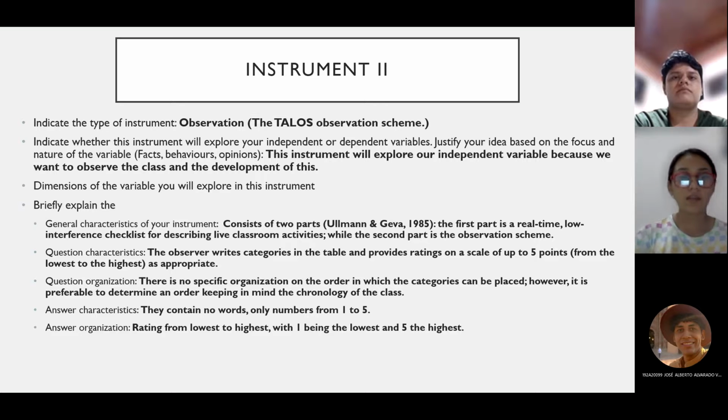The answer characteristic: they contain no words, only numbers from 1 to 5. And the answer organization, rating from lowest to highest, as we said before. The number 1 is the lowest and the number 5 is the highest rating.